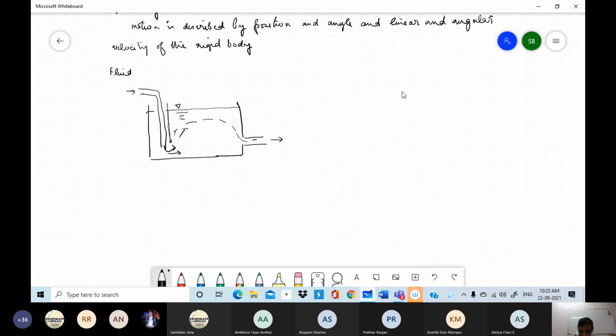Just as for a system of particles, we had to specify the velocity of each of the particles, here we have to specify the velocity at every position. Now, in our basic fluid mechanics course, when we are considering the material as a fluid, we are ignoring that at a microscopic level it's discrete.